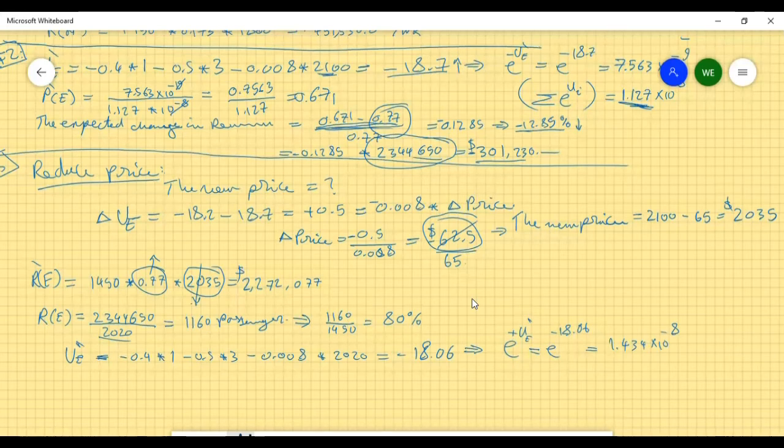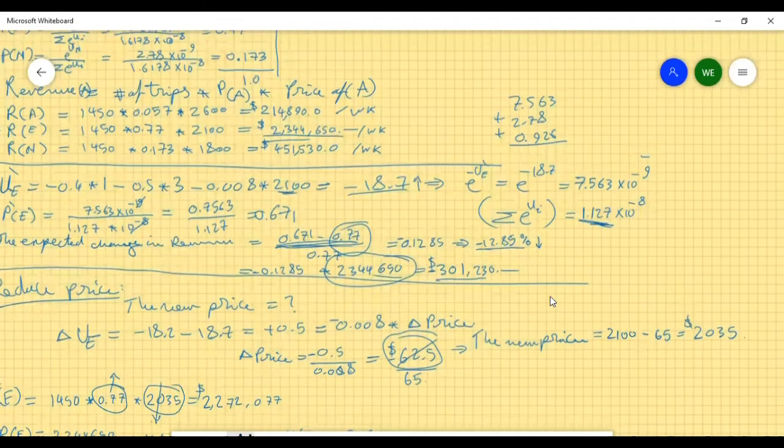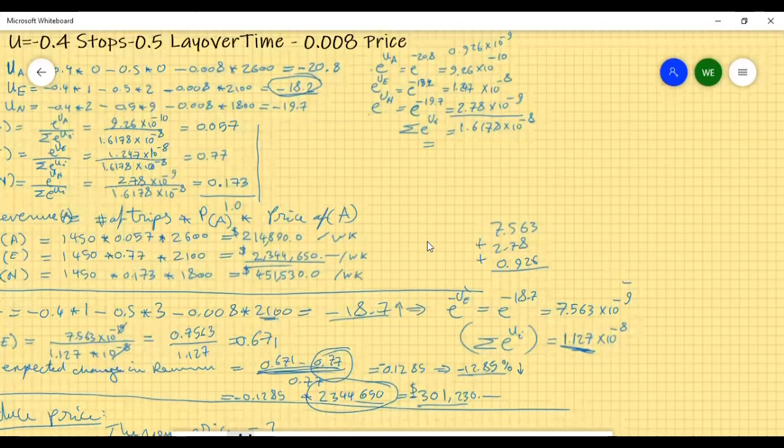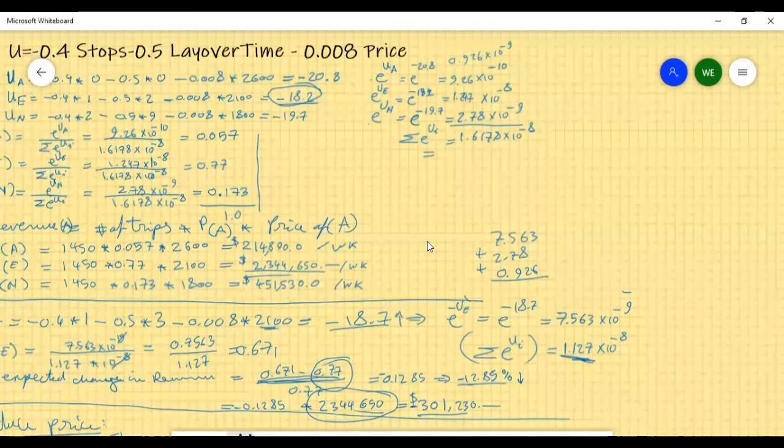Let's check now the summation for all e to the power of U_i. It will be 1.434 multiplied by 10 to the power minus 8 plus, okay, so basically we have these values.